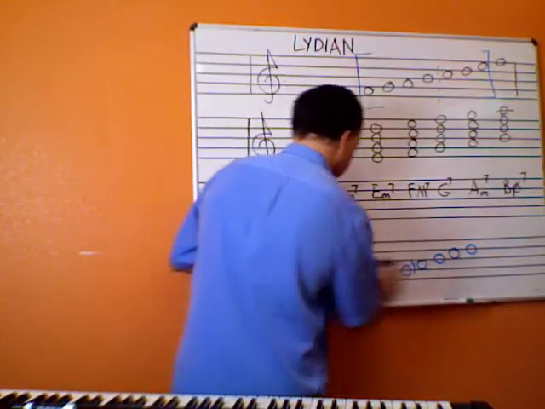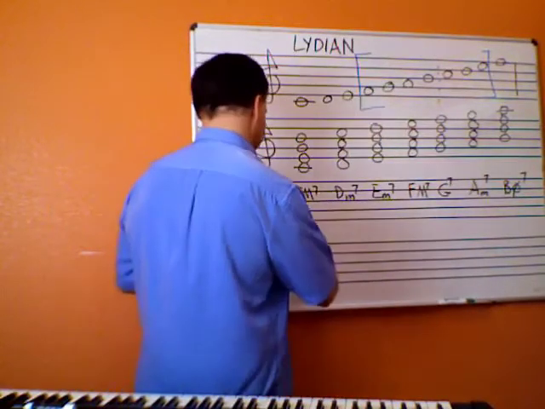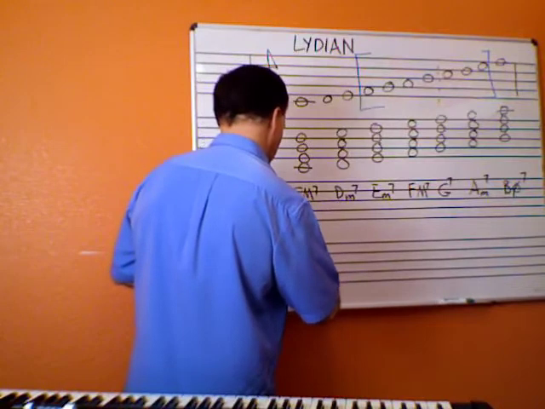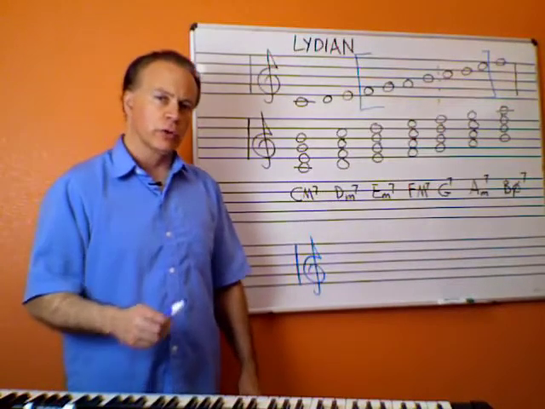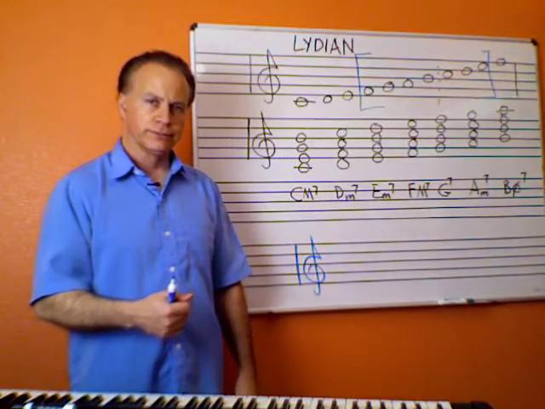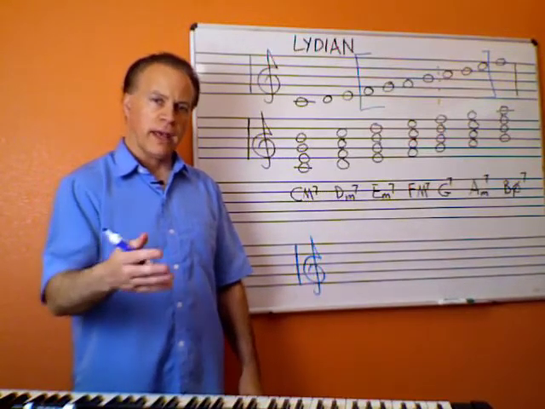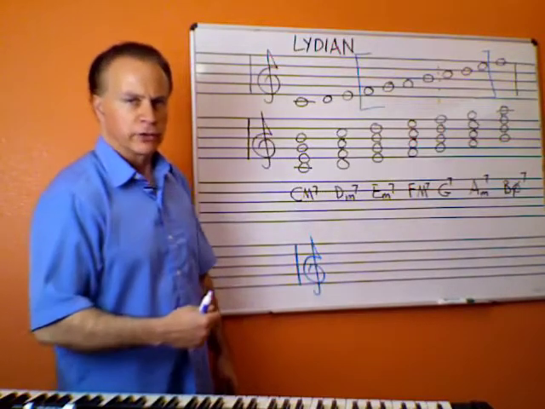Let's try building an A Lydian mode. All right, let's think about it this way. Remember, Lydian is the 4th mode, so A is the 4th scale degree of what major scale? Well, if you go down 4, A, G, F, E, A is the 4th scale degree of E major.